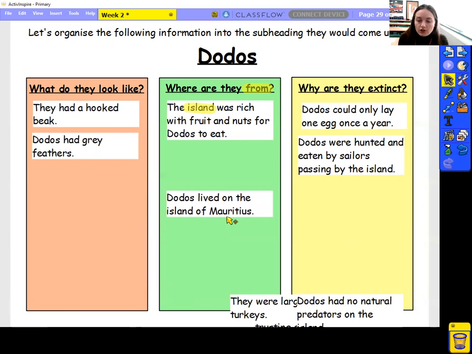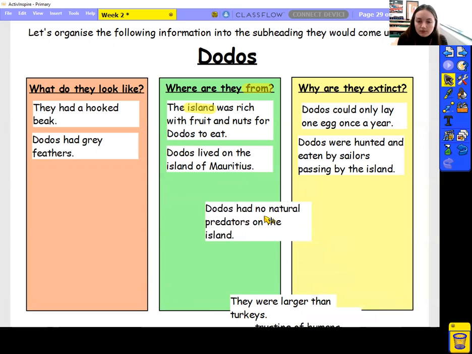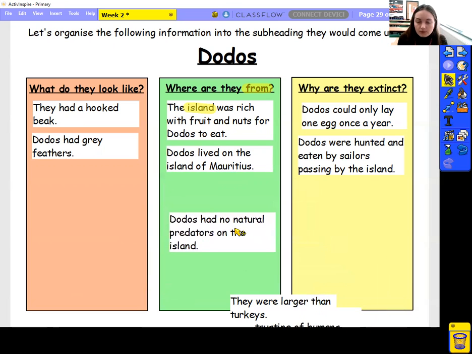Dodos lived on the island of Mauritius. Is that what they look like, where they're from, or why they're extinct? It's where they're from. Fantastic. It's telling us what that island was called. Dodos had no natural predators on the island, so they didn't have other animals on the island that were eating them.